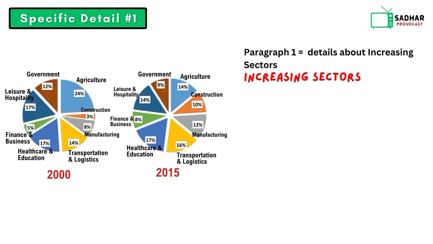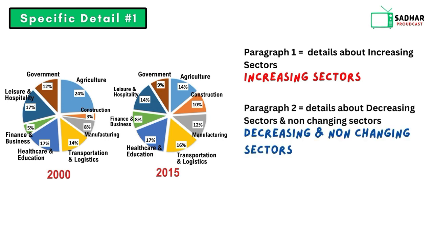All right, let's get started to write the third paragraph, which is the specific detail 1. So paragraph 1 here, specific detail 1 is the details about increasing sectors. And then later, in paragraph 2, we write details about decreasing sectors and non-changing sectors.